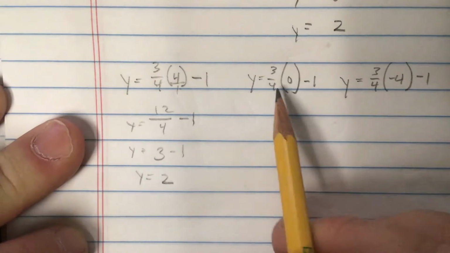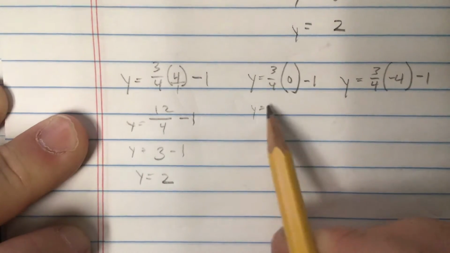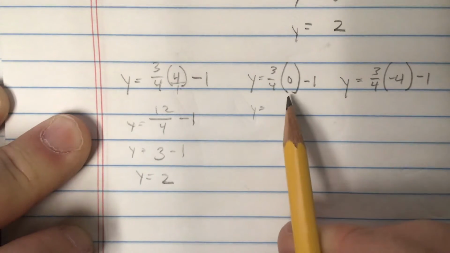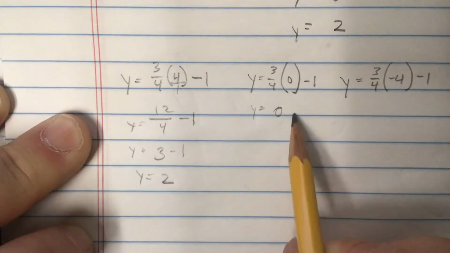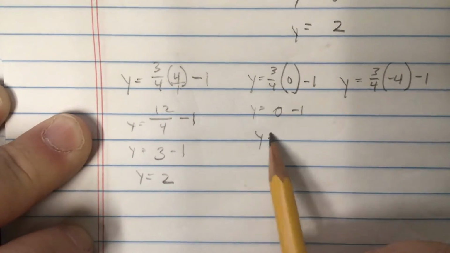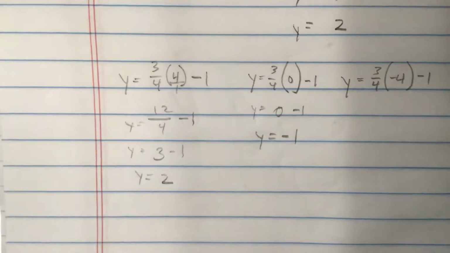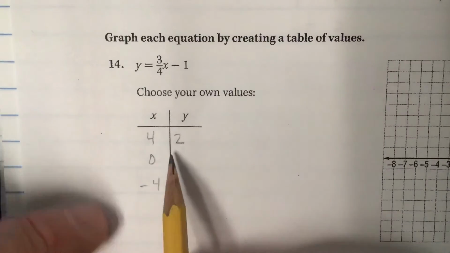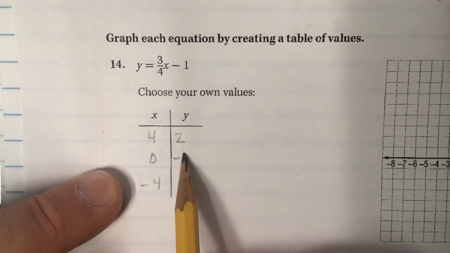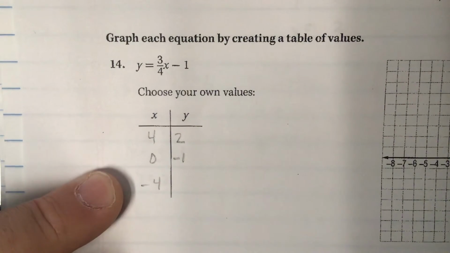Then when I do the next one, I get y equals 3/4 times 0, which is going to be 0 minus 1. Y equals negative 1. So I'll go to here. That was 2. 0 is going to be negative 1.